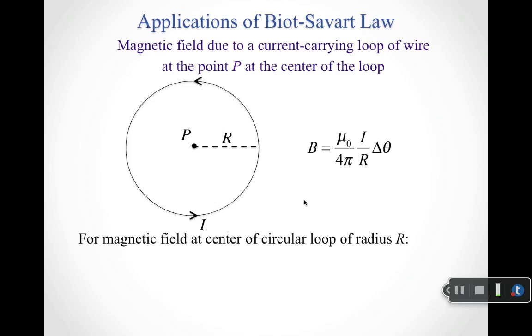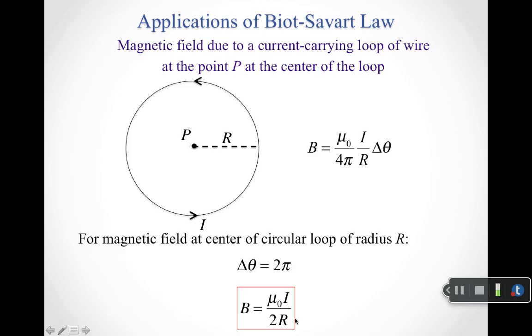The case we'll use this in most often is the magnetic field around a current carrying loop, so a full circle. If we've got a full circle, then delta theta happens to be 2 pi. So when I plug in our 2 pi, if I've got 2 pi up here and 4 pi down there, that's going to cancel the pi's and leave me with a 2 on the bottom.